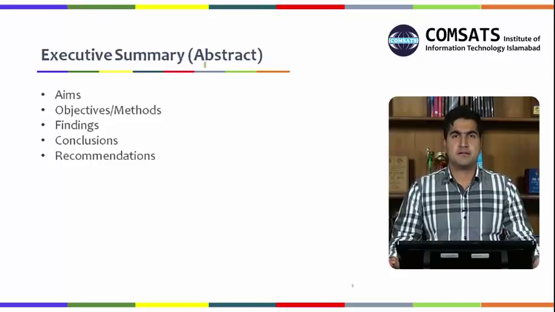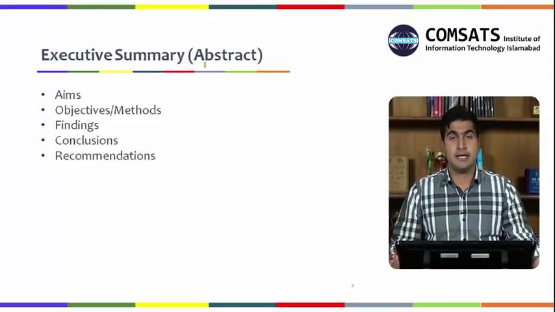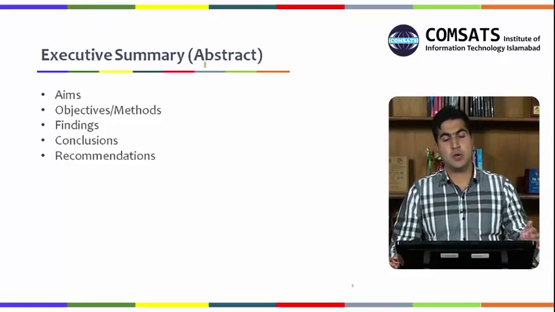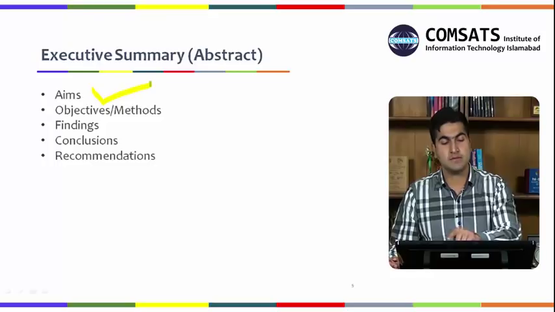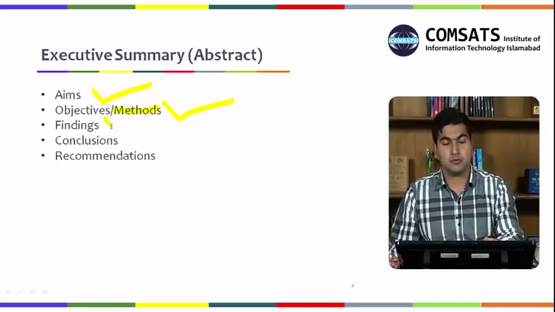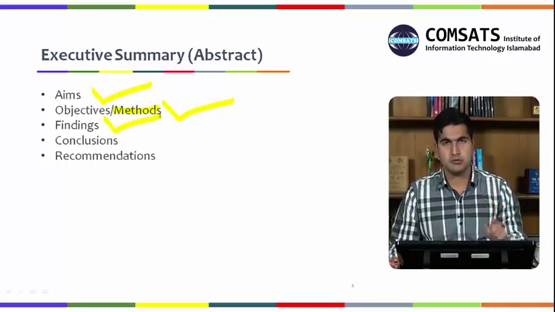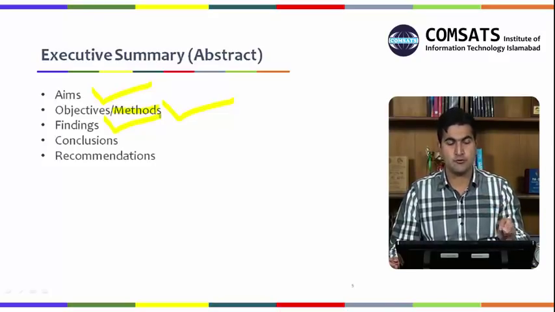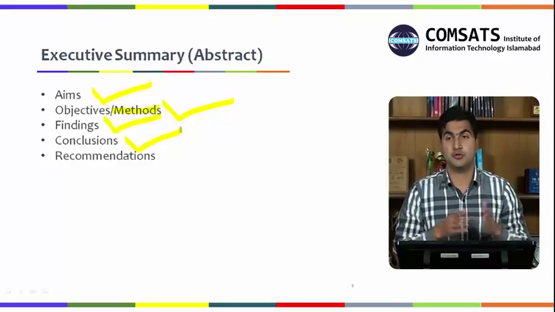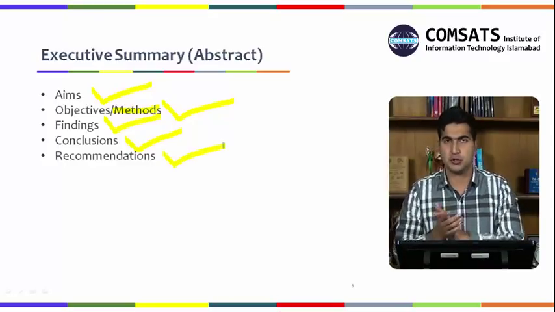Yes, it's an abstract, the short version of the whole report, and it is supposed to be written in such a way that you have clearly defined aims, the objectives should be there, and the method has to be highlighted, which method has been used. Then you talk about your most important findings. Once you are done, on the basis of those findings you come to the conclusion, and on the basis of that conclusion, you provide a set of recommendations.